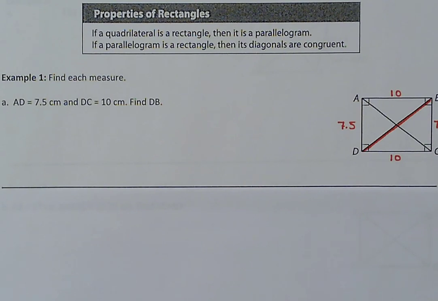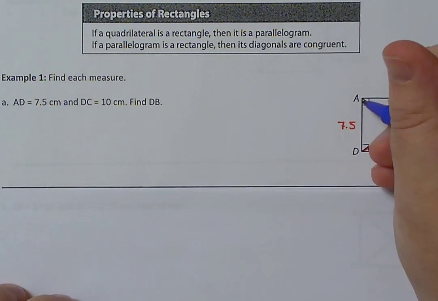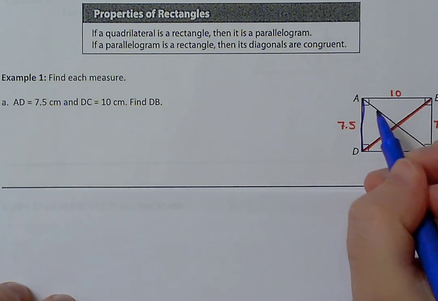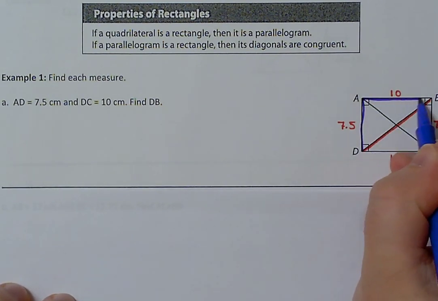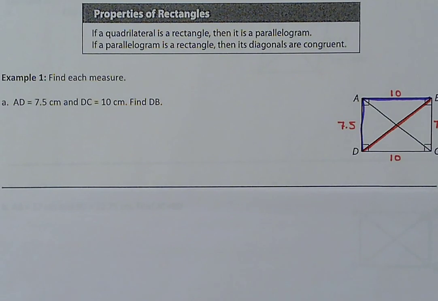So you're asking yourself, how do we go about doing that? Well, if I use the side AD along with BD and the side AB, those three sides form a triangle. And in fact, because we know all the angles in a rectangle are 90 degrees, it forms a right triangle.